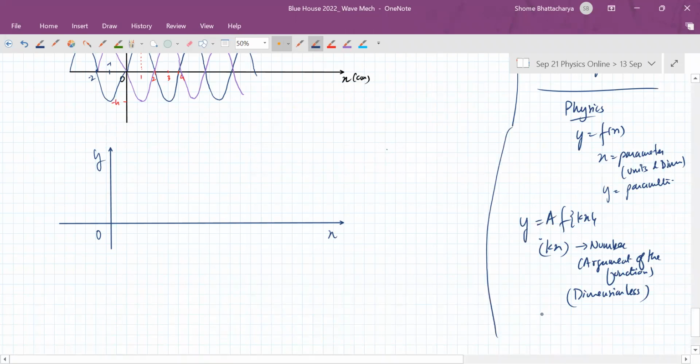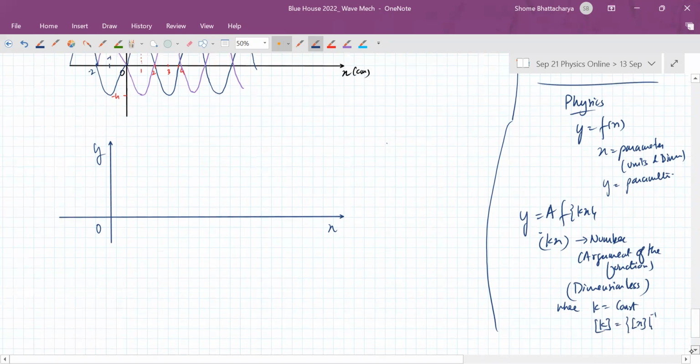Where k is a constant, but it has dimension of inverse of the dimension of x. Whatever dimension x is having, it will have inverse of that.